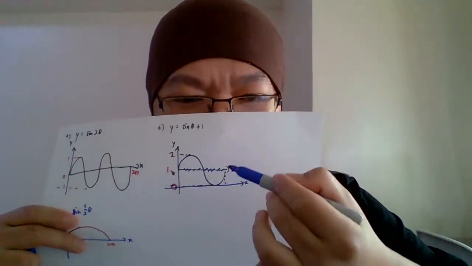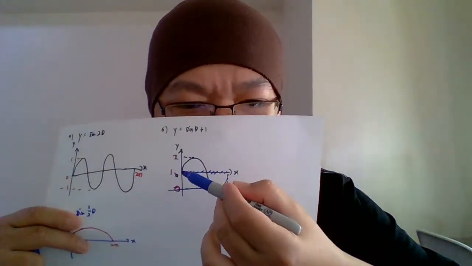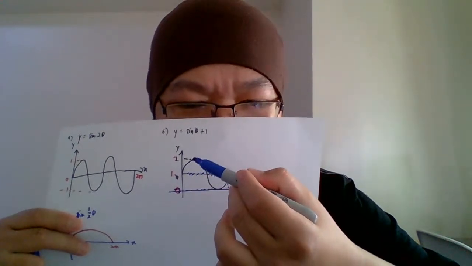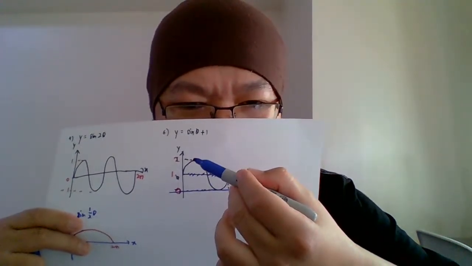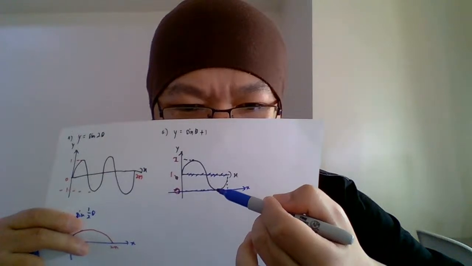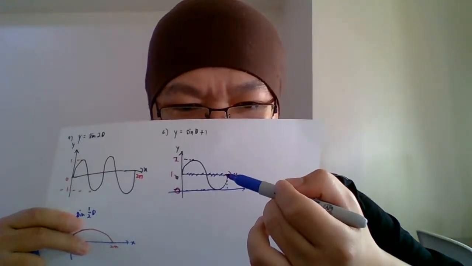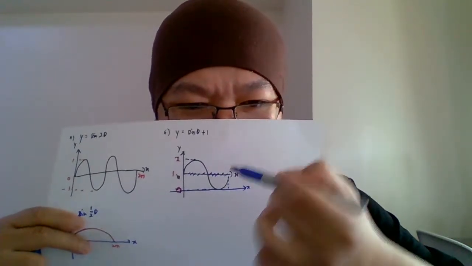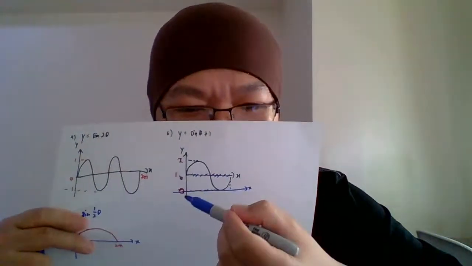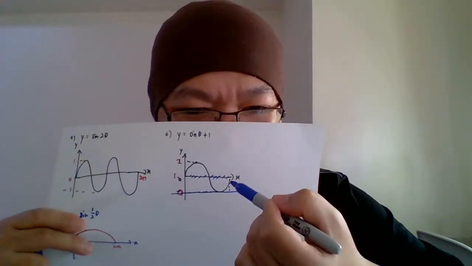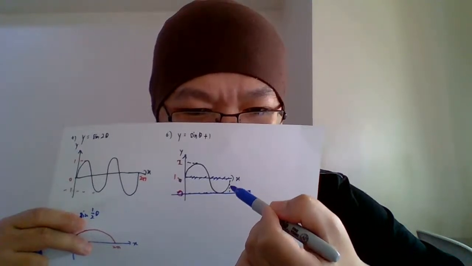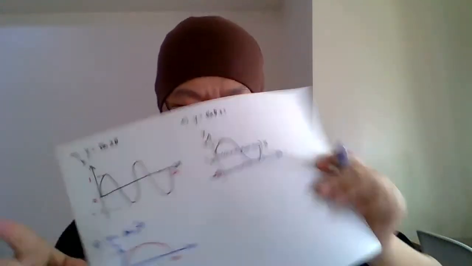So this will be your graph. It starts from 1, goes up to 2, then goes down until it touches 0, and goes up again until it reaches 1. How to label 0 until 2 pi? You see that I put a dotted line here. This will be 2 pi.